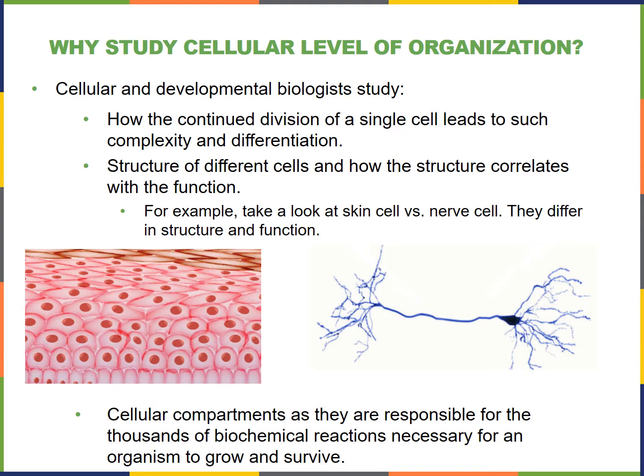For example, take a look at the skin cell here on the left side versus the nerve cell. They differ in structure and function. The cellular components are responsible for the thousands of biochemical reactions necessary for an organism to grow and survive.